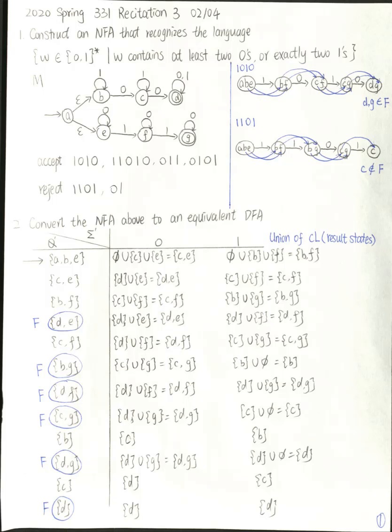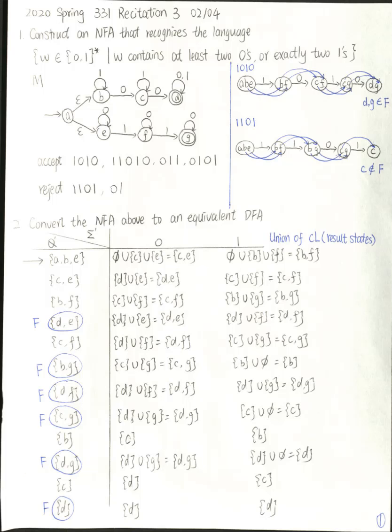Similarly, from CE, we read a 1, then we can reach C and F. And we take the closure of CF, which is CF. Now these states, DE and CF, are new states. So we need to put these new states to the left column. Those states are reachable from the start state.